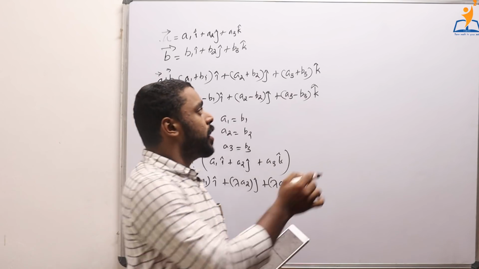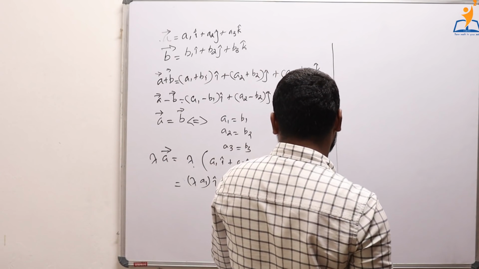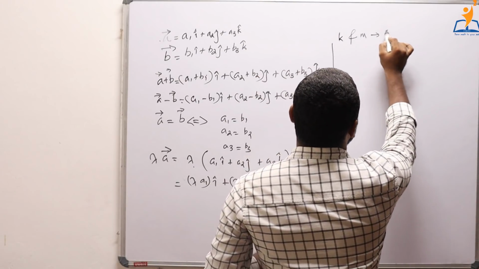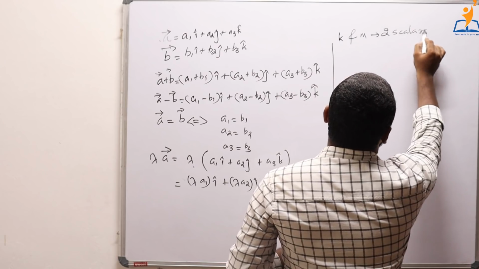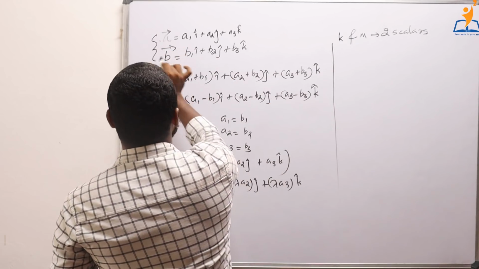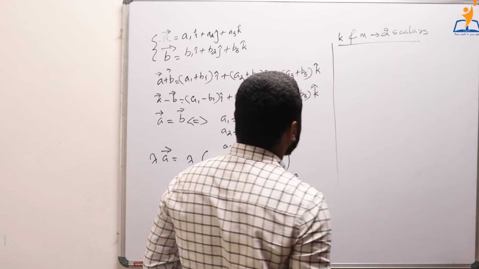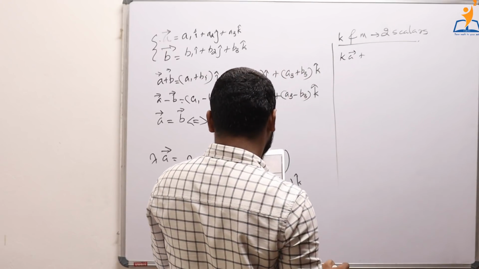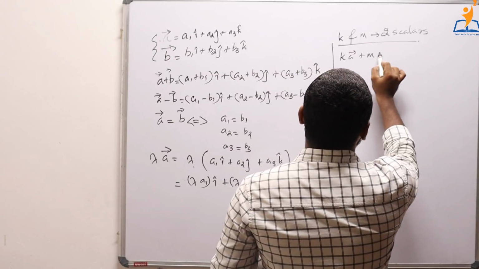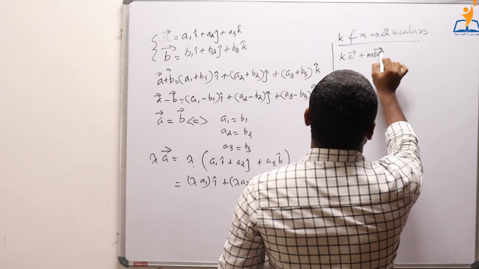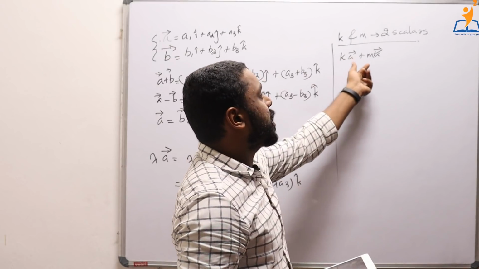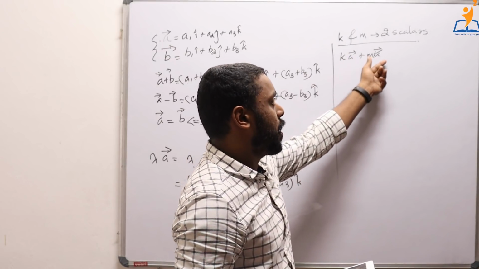Clear? Now suppose that a and b are two vectors and k and m are two scalars. So we now have two vectors as well as two scalars. Then ka plus ma is equal to, see, we have multiplied k with vector a and m with the same vector a.